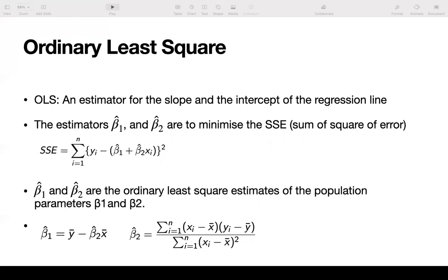Here we have the formulas for beta 1 hat and beta 2 hat, with beta 1 hat equals y bar minus beta 2 hat x bar. And beta 2 hat equals the sum of xi minus x bar times yi minus y bar, divided by the sum of xi minus x bar squared, which is basically the variance of x.